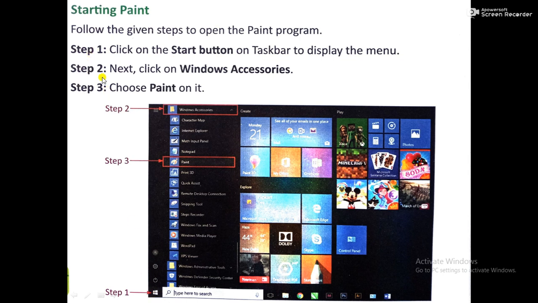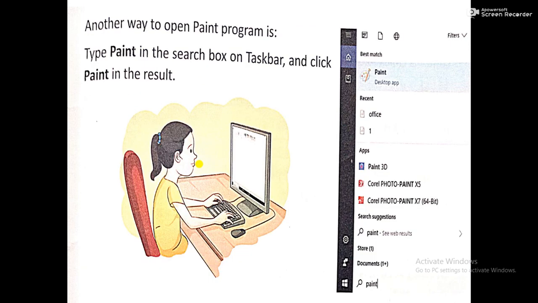Step 2. Next, click on Windows Accessories. Step 3. Choose Paint. As you click on it, the Paint window will appear.